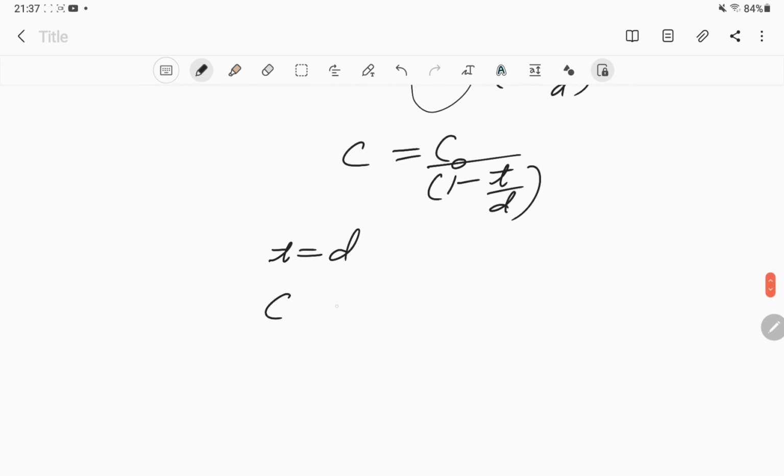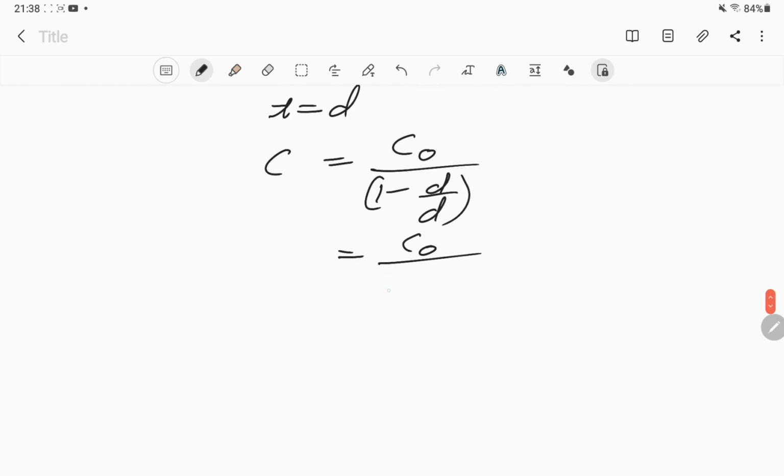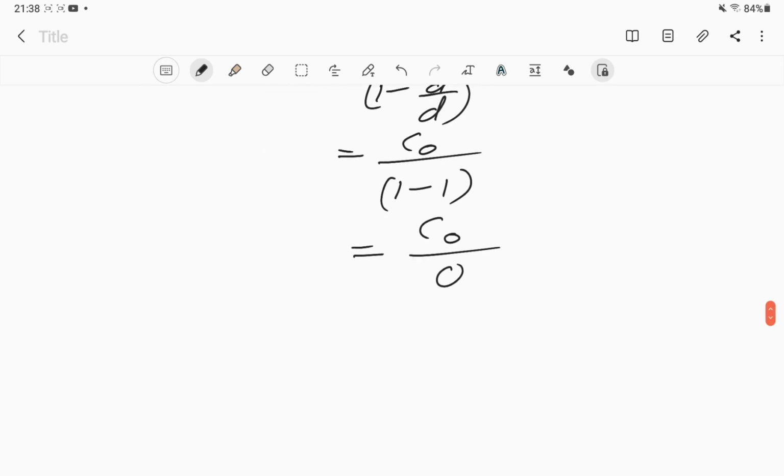So in that case C equal to C naught divided by 1 minus, and in place of T I can write D, so D by D. 1 minus D by D is 1 minus 1, which is 0. Anything divided by 0 is infinity.